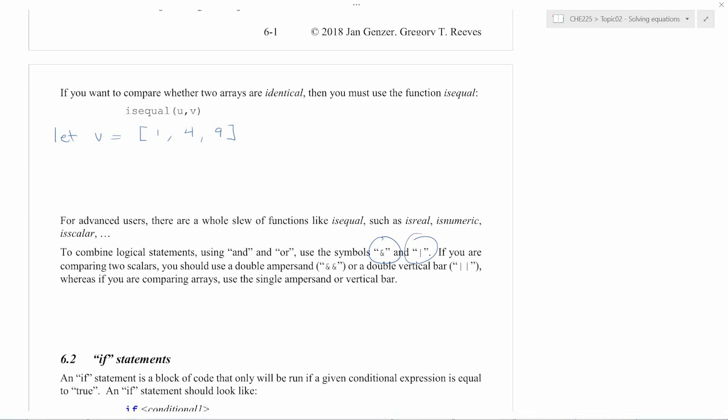And the OR symbol is this vertical bar, which you can usually find by hitting Shift and then hitting the key above your Enter key. That's that vertical bar. And those you would use if you're comparing two vectors. If you're comparing two scalars, then you can use the double ampersand, AND, or the double OR. And MATLAB actually prefers that a little bit. I don't know why. It makes MATLAB a little bit happier. But it might not make your life any easier.